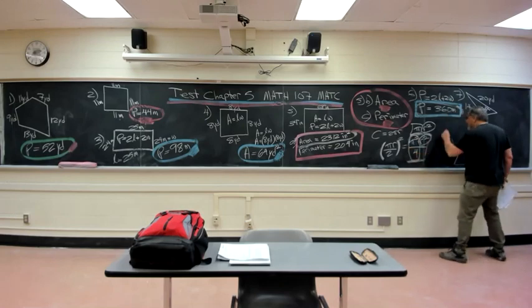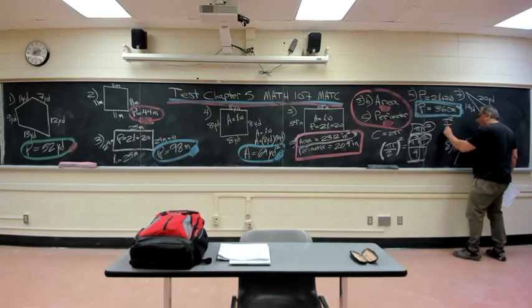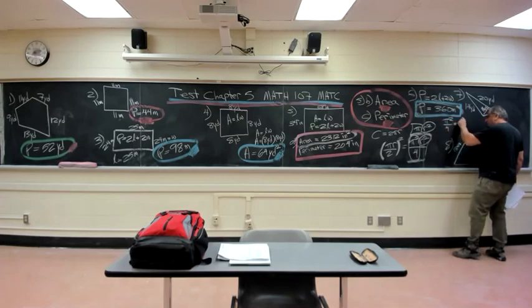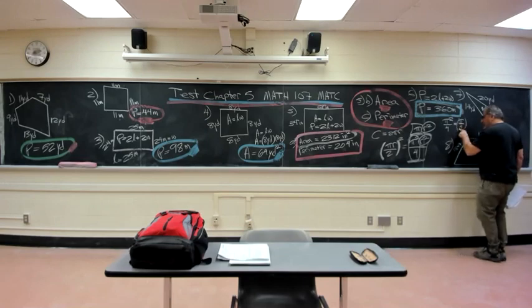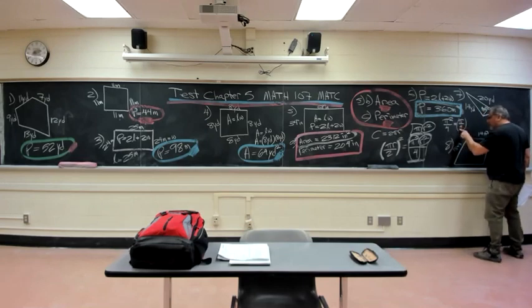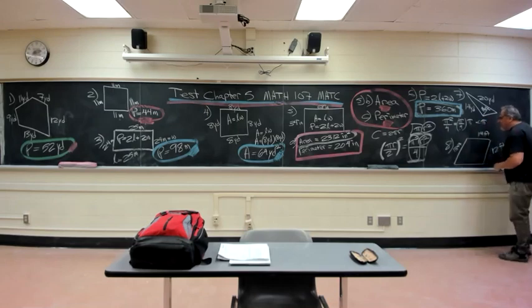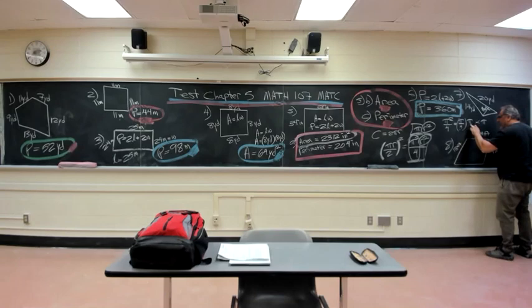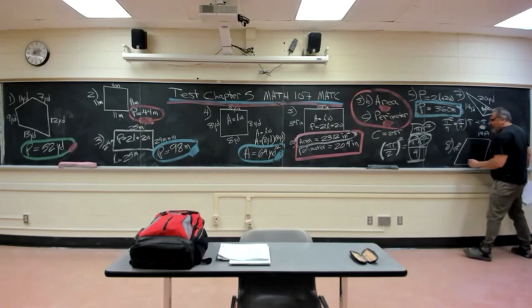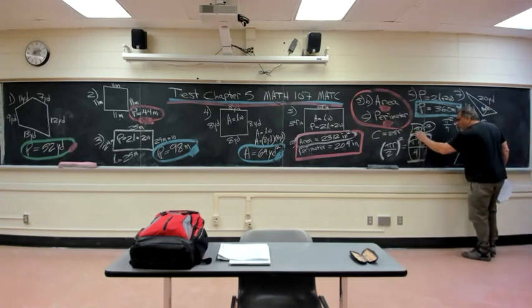Pi squared over 4 is pi over 4 times pi, and pi over 4, which is 3.14 something divided by 4, is less than 1. Something less than 1 times pi is strictly less than pi.